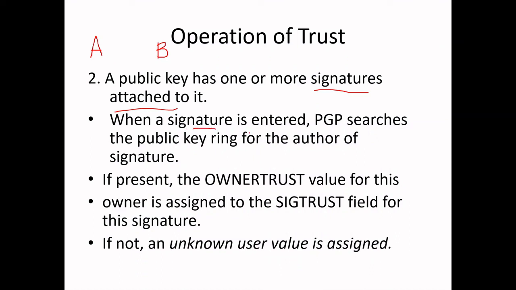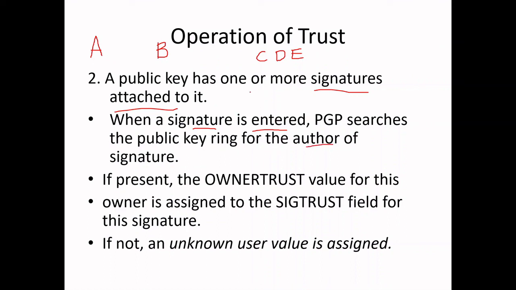So whenever a signature is entered, PGP searches the public key ring for the author of the signature. That is, signatures are given by, let us say, users C, D, and E. So we have three signatures associated with the public key of B in A's public key ring. Whenever these signatures are found, PGP searches for the author of the signature.